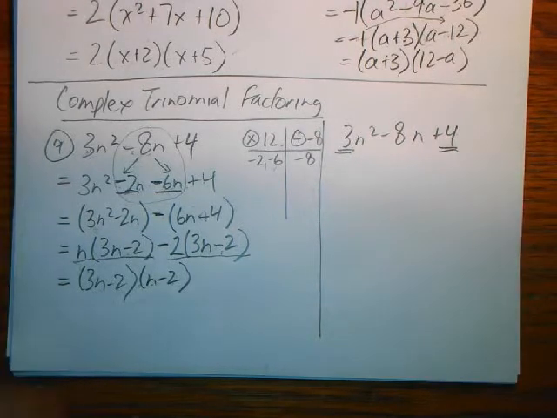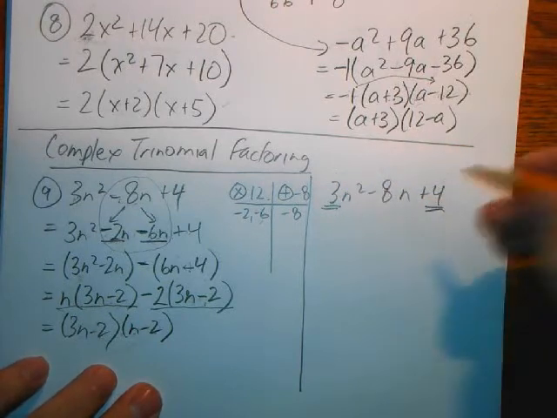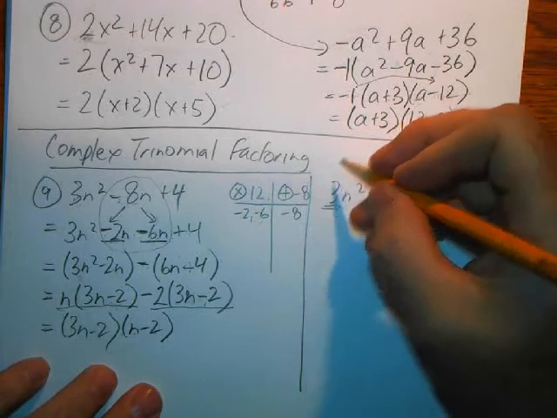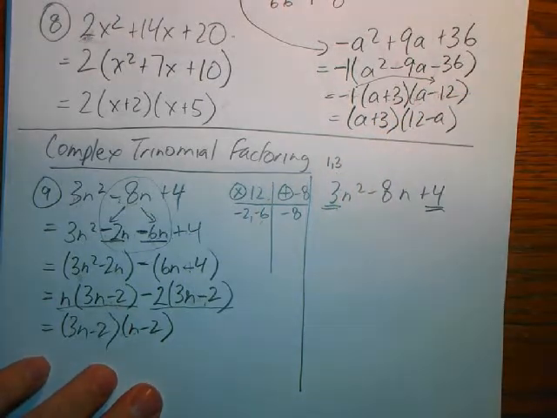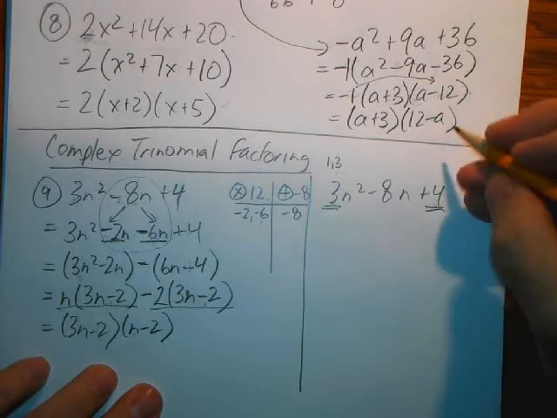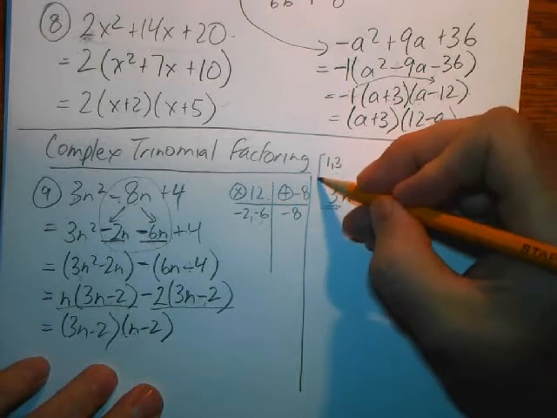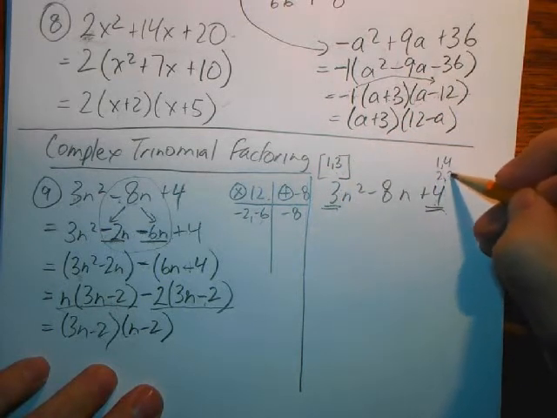Okay, so when I look at the factors of 3, there's only one pair, and that's a 1 and a 3. With the 4, I have actually two pairs. I've got a 1 and a 4 and a 2 and a 2. Now at this stage, I'm not worrying about the sign too much. We'll take care of that later on.